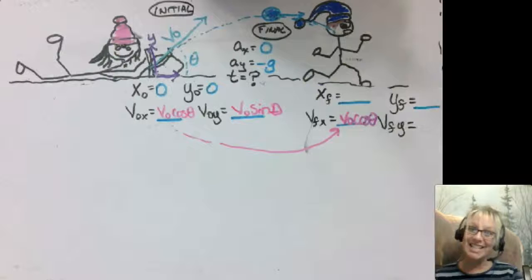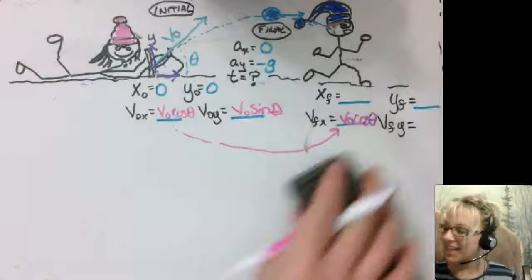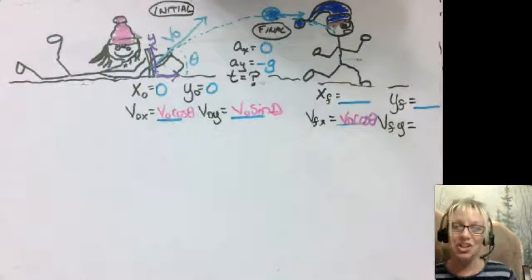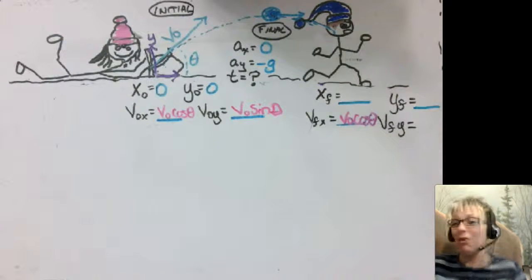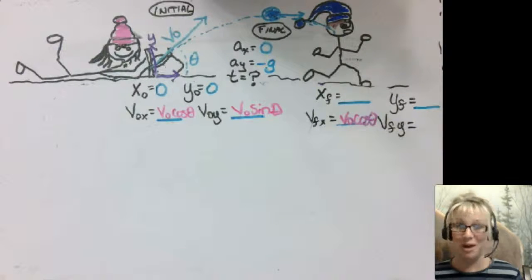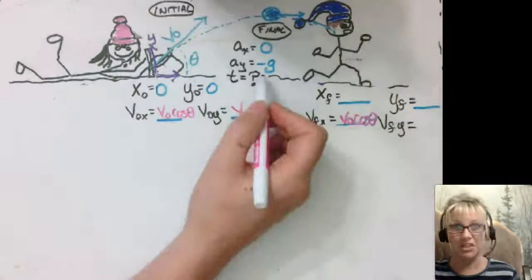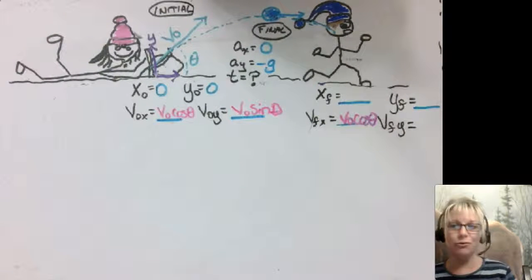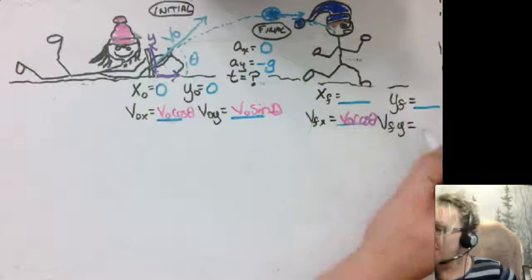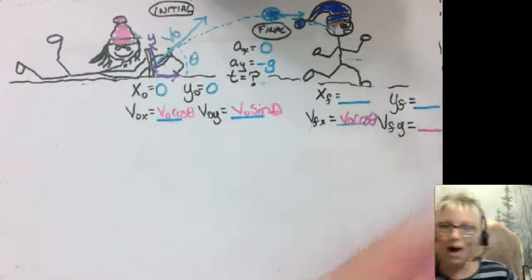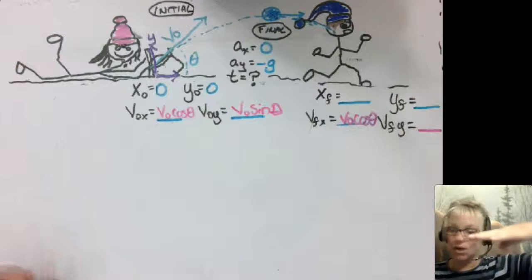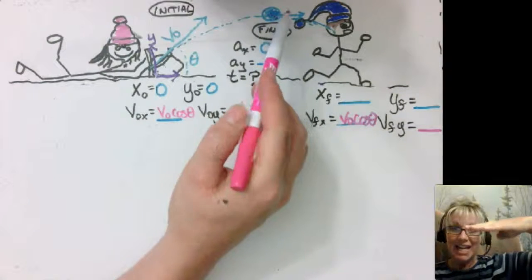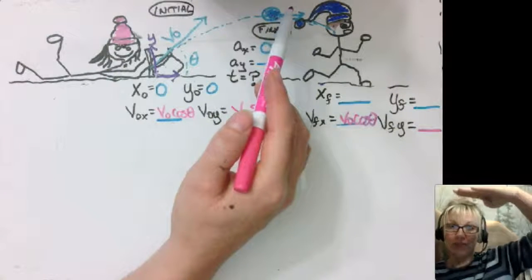It truly is like doing a puzzle, filling in those missing pieces. Here's the clue: you do the same exact thing for every single projectile motion problem, no matter what the question is. Notice we haven't even gotten to the time yet and solving that. We put it in as a question mark, but we do the same exact thing every single time. The final velocity in the y direction: that snowball at the maximum height is no longer traveling upward.